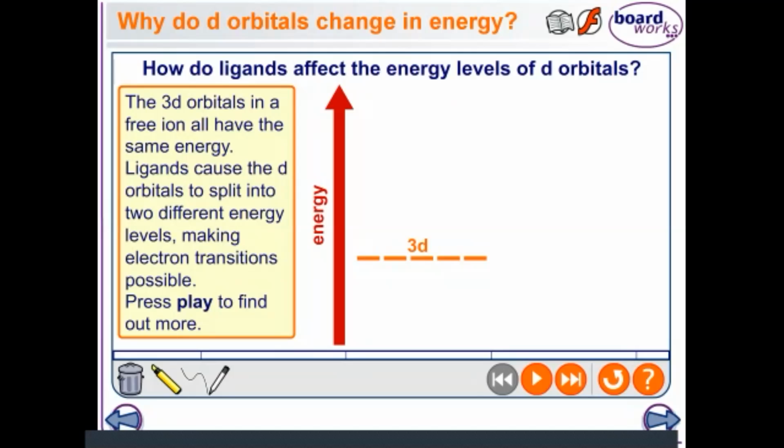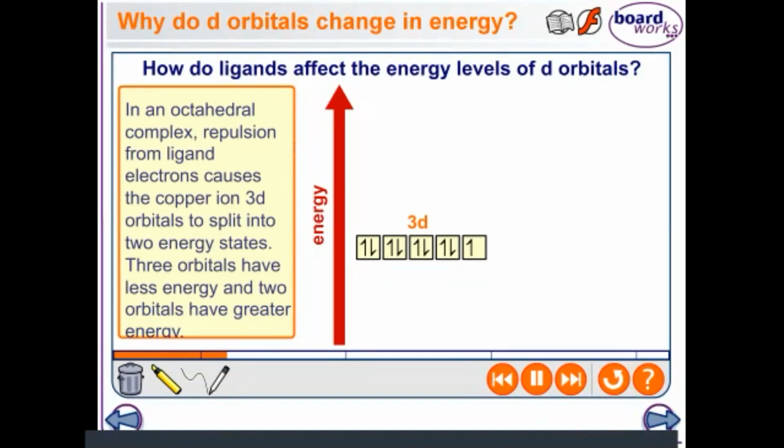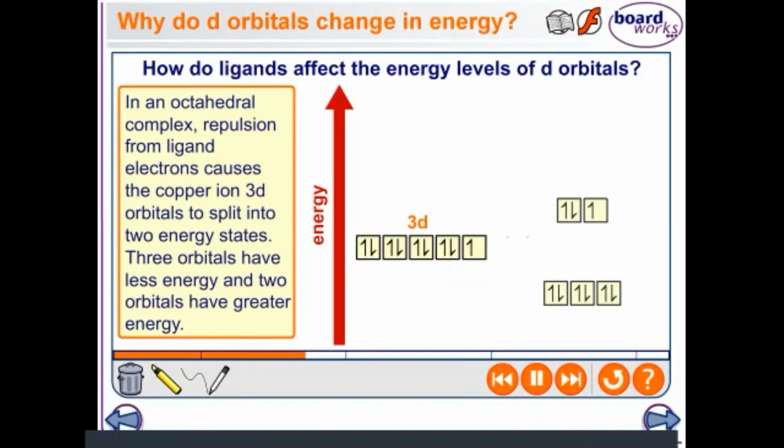Now let's see. For example, the copper 2 plus ion has 9 electrons in its 3d sublevel. These are distributed between orbitals of the same energy. And then, in an octahedral complex, there will be a repulsion from the ligand electrons, which causes the copper ion's 3d orbitals to split into two energy states.